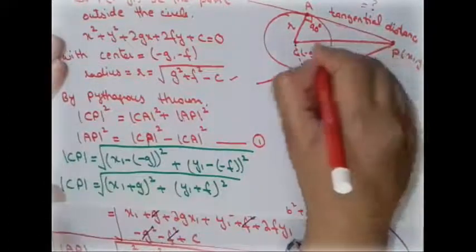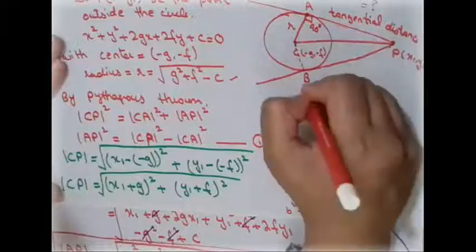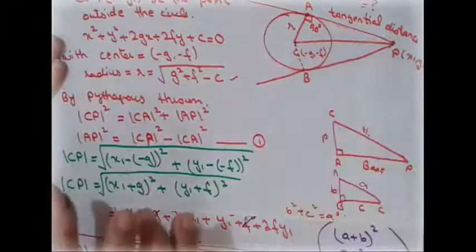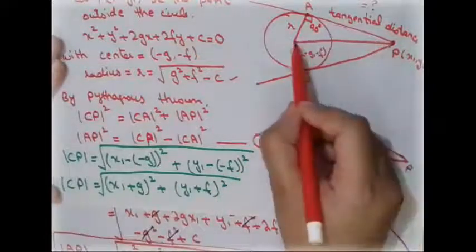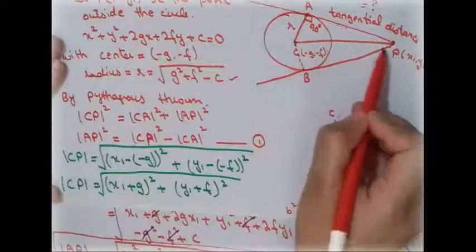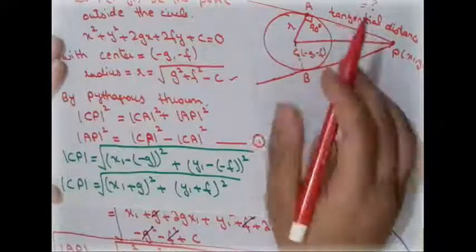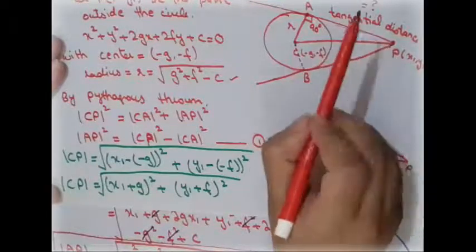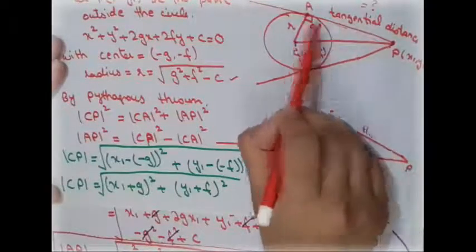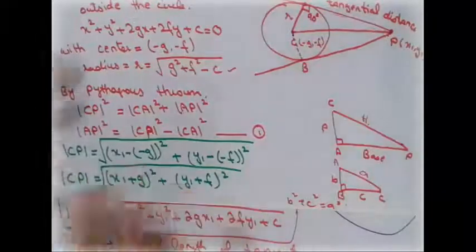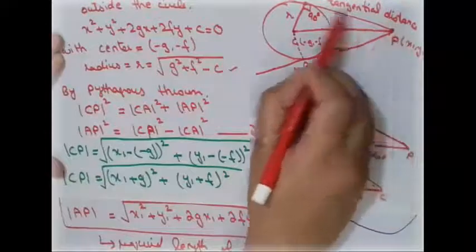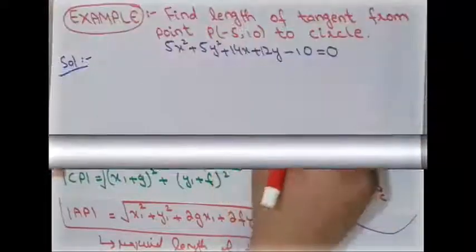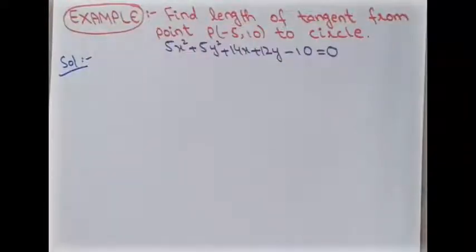Now we have a triangle PCB, and using the same terminology and steps, you can find the length of this tangent as well. Just follow the steps that we performed to find the tangential distance AP, because we know that the lengths of the tangents drawn from an external point to a circle are equal.